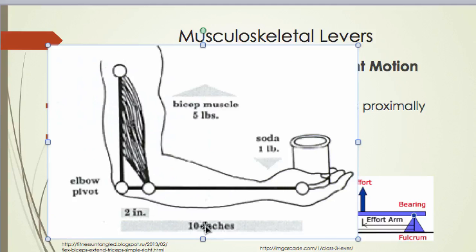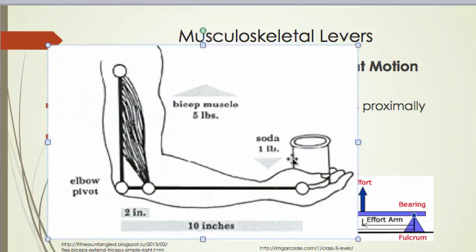So what we have to do is multiply the load at the hand times 5. And that's going to be the force of the muscle. So you have to produce 5 pounds of torque, positive internal torque, on the biceps to hold a 1 pound can of soda.